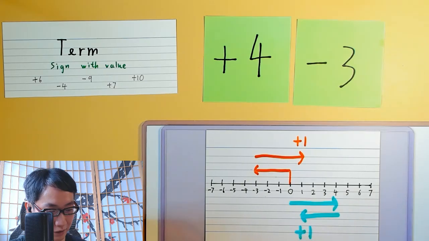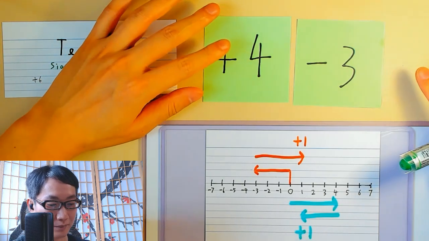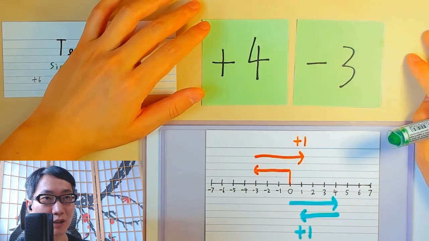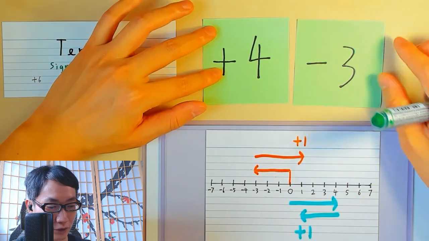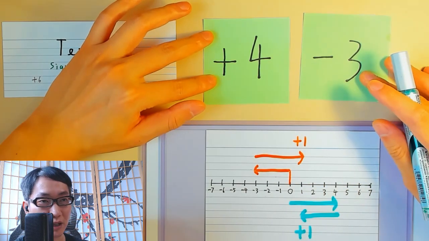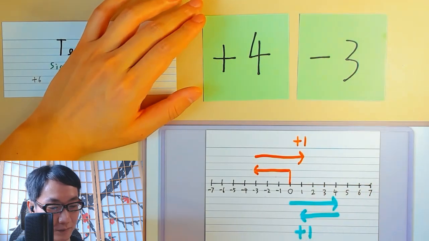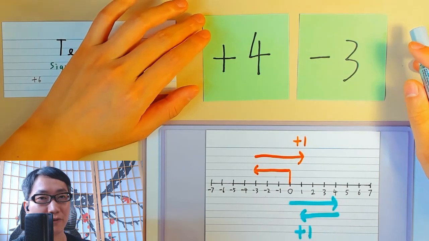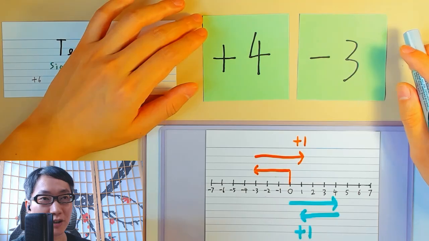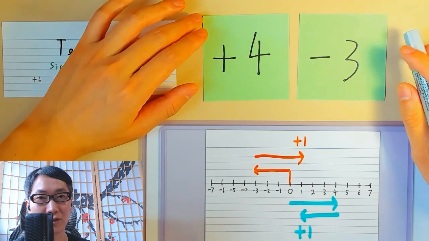So because these terms are independent, their own meaning will not be altered by the terms around them. So we can do them in any order we want, and we will still achieve the same results. Even for more terms, like 3 terms, 4 terms, n terms, we can exchange the order in any way we want.